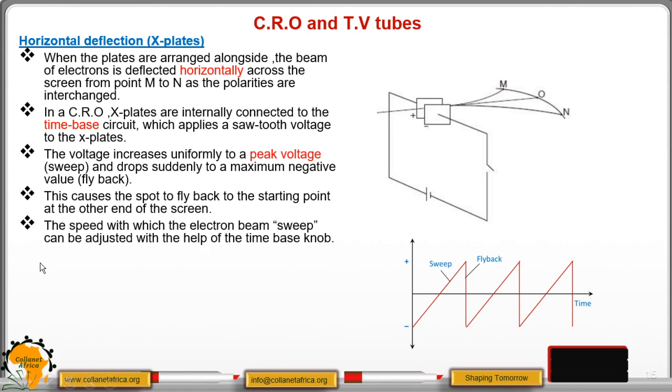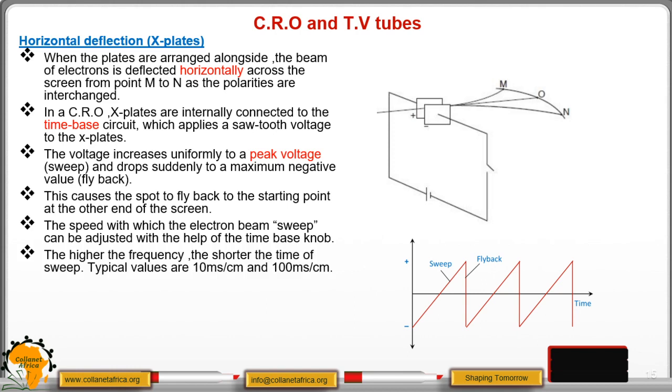Then the speed with which the electron beam sweeps is adjusted by what we call the time-base knob. On our screen there will be that time-base knob that can control the speed of sweeping. So the higher the frequency, the shorter the time of sweep. And we have typical values of this time base: 10 milliseconds per centimeter, or 100 milliseconds per centimeter.